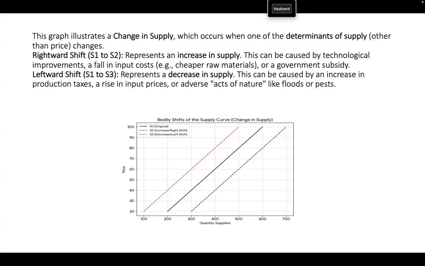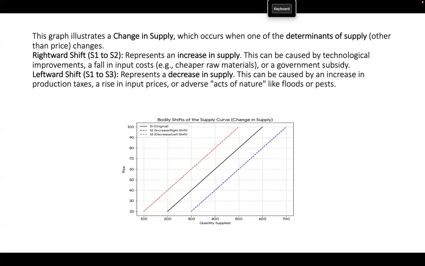Yes, when all other factors change. Okay. When all other factors are equal. No. Listen. When you talk about the change in quantity supplied, we are concentrated on the price when all other factors are constant.